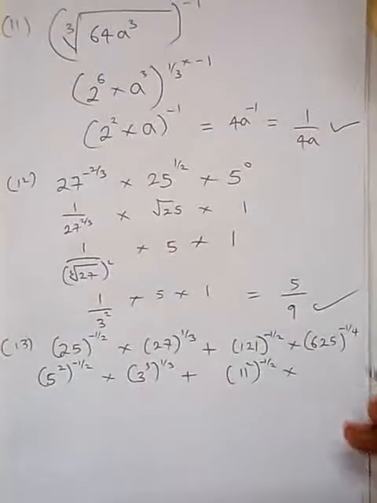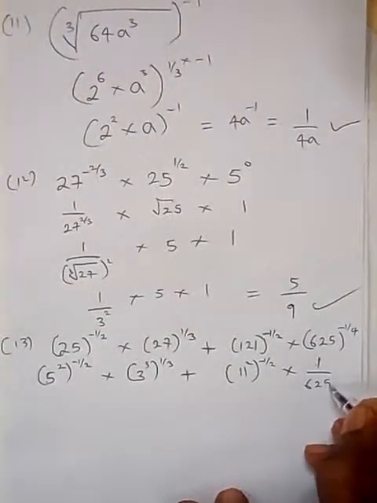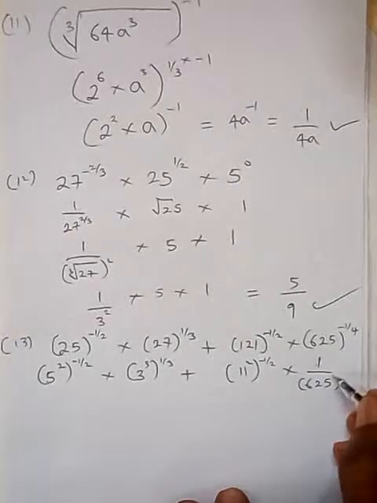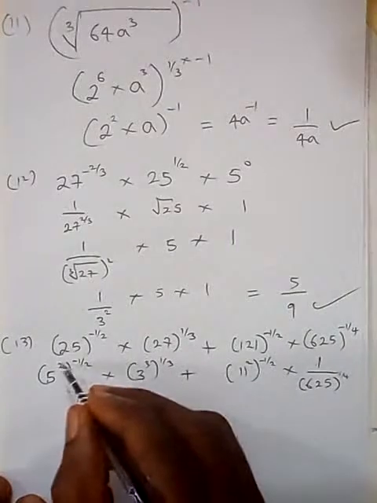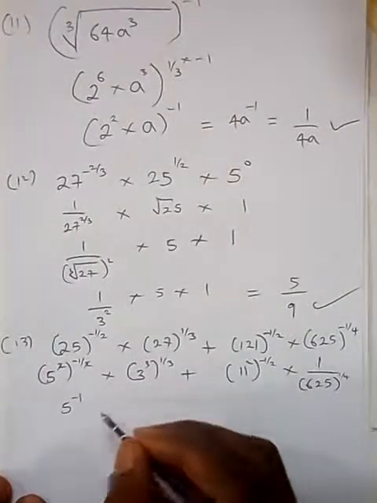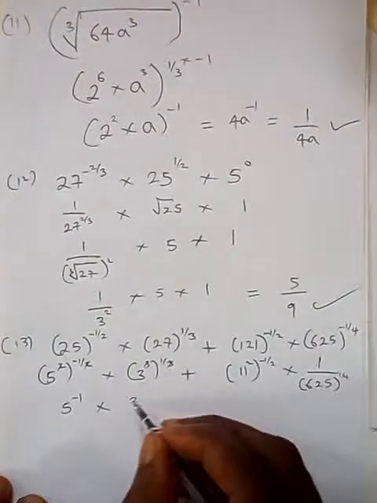Let's first do this: 625 is 5 to the 4, because of this minus 1 over 4, this cancels this and will give us 5 raised to power minus 1 times 3 here, 3 there, gives us 3.